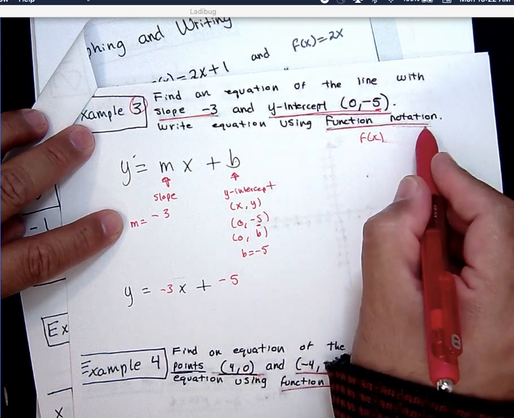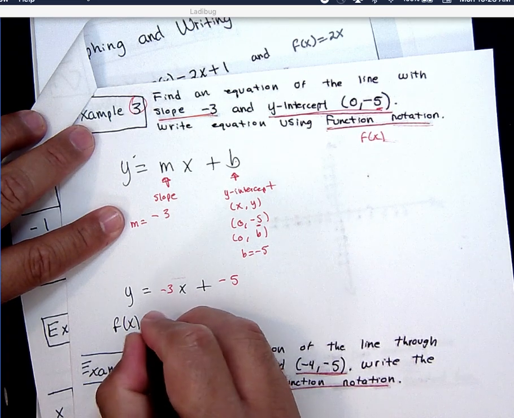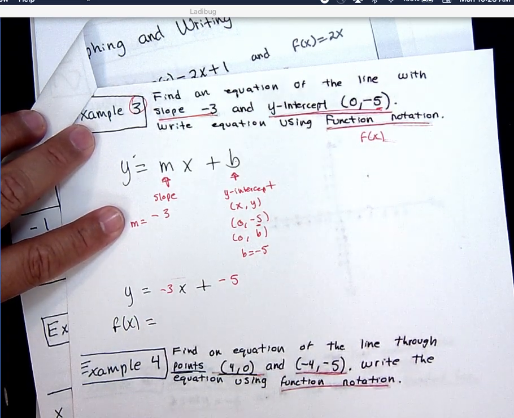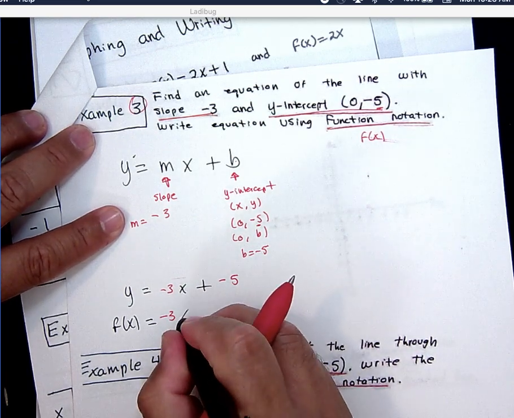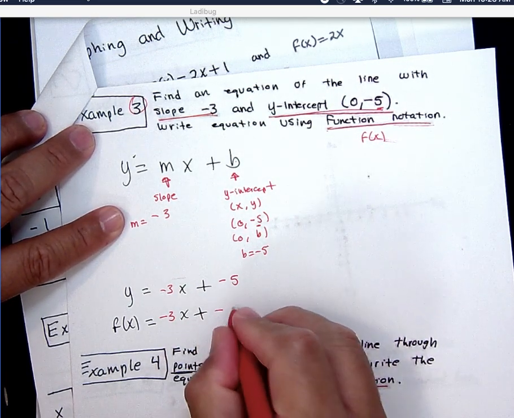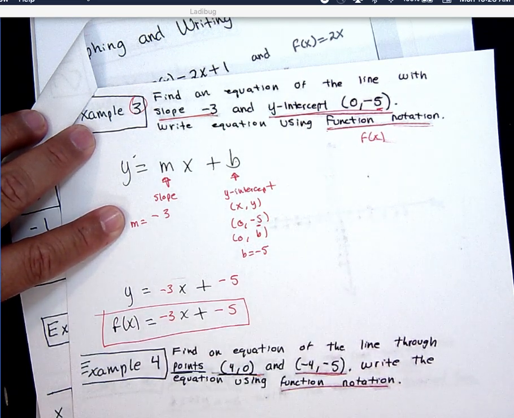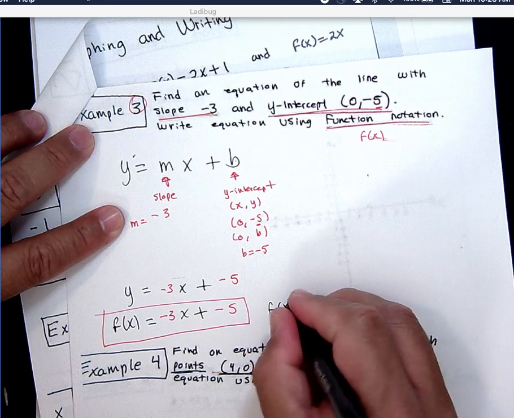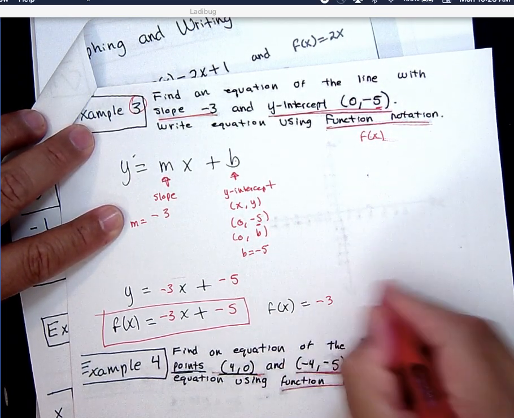Now they want it in function notation. All you have to do is write it as f of x equals -3x plus -5. And that would be the answer for this one. You could have written it like this if you wanted: -3x and then -5.